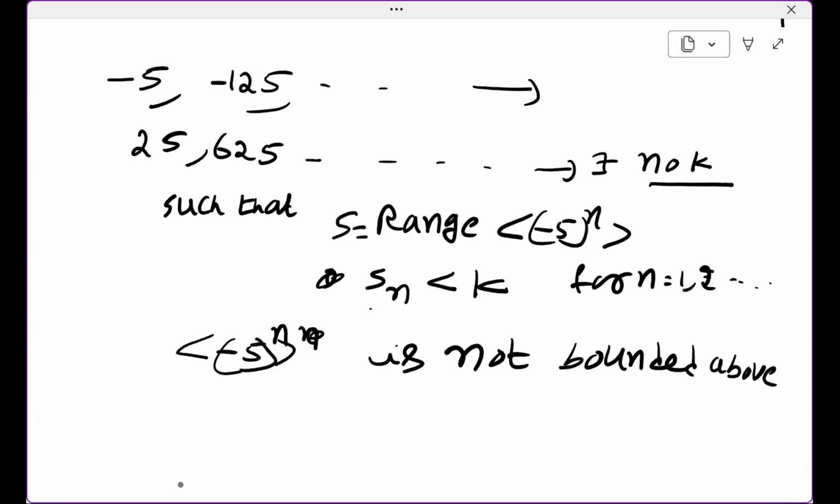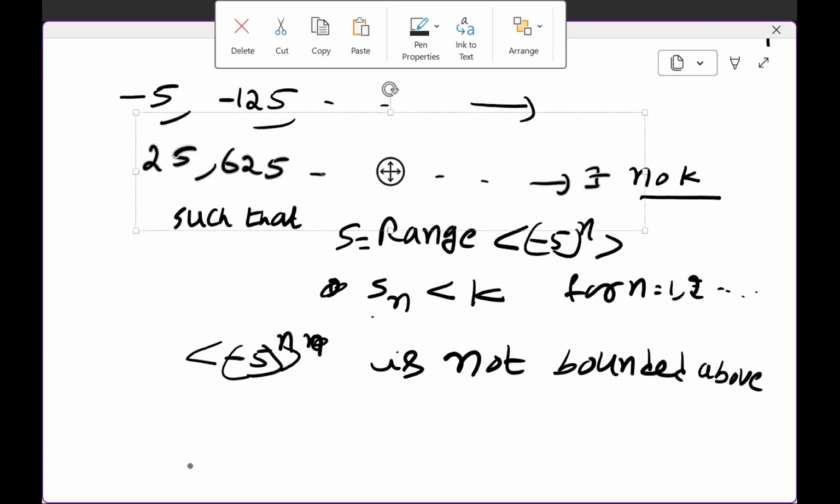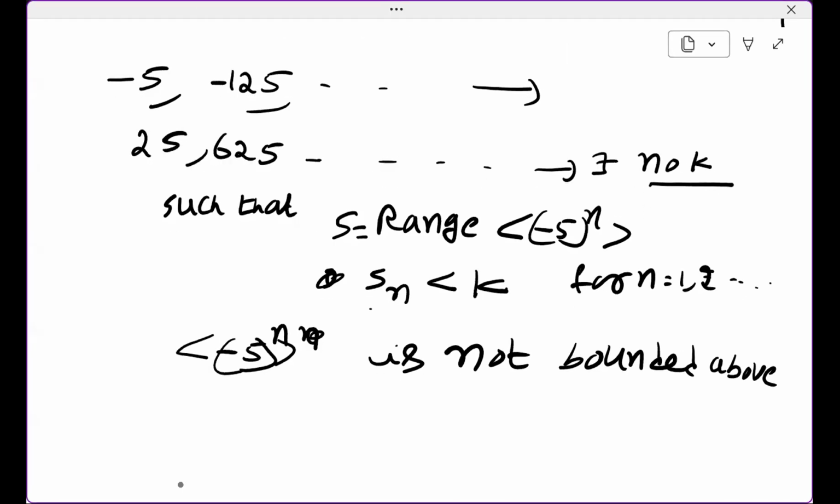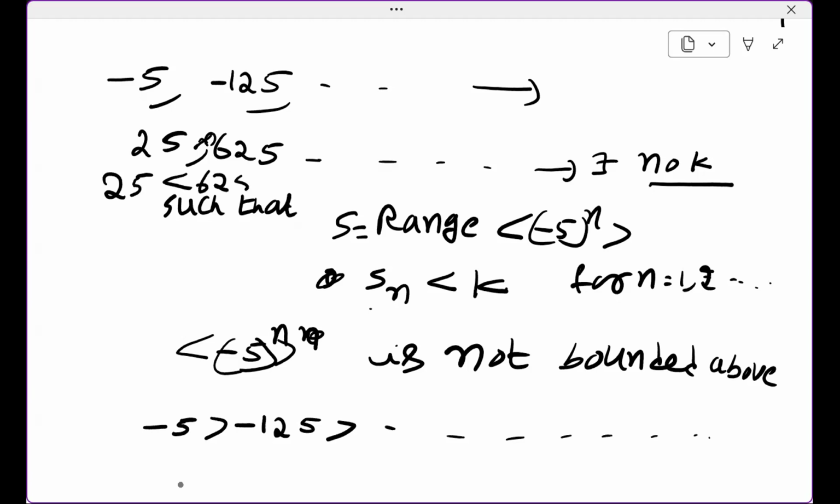Next, the lower bound. What is the lower bound? The least member. So when you look at it, you know -5 is greater than -125. It is going like this, and so on.